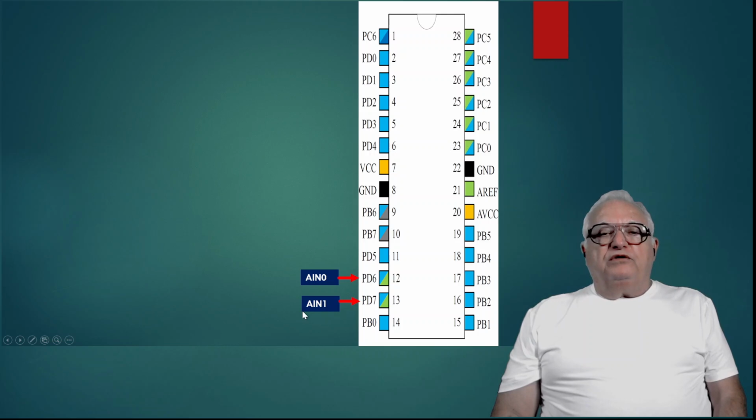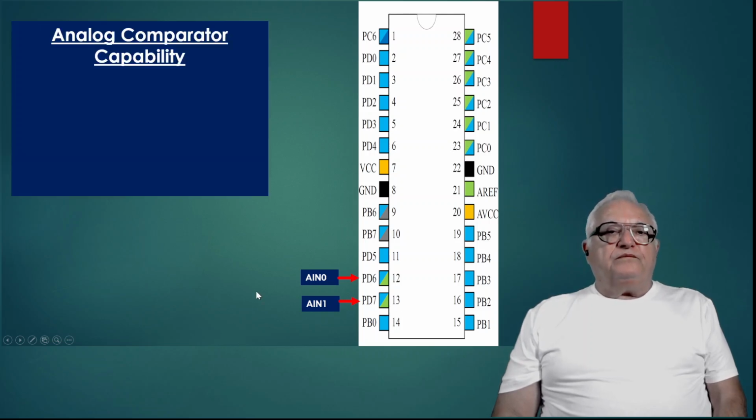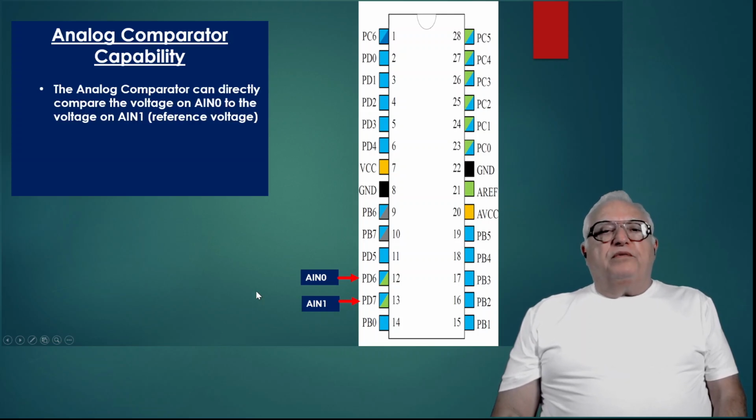And then we're going to have AIN1, which is associated with port D7, pin 13. So the Analog Comparator can directly compare the voltage of AIN0 to the voltage of AIN1. Now AIN1 is going to be our reference voltage.